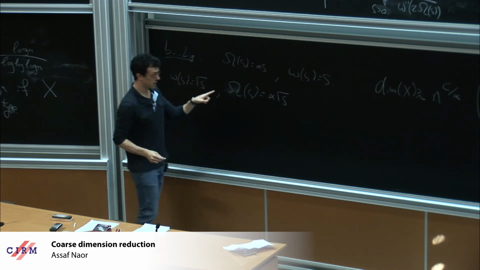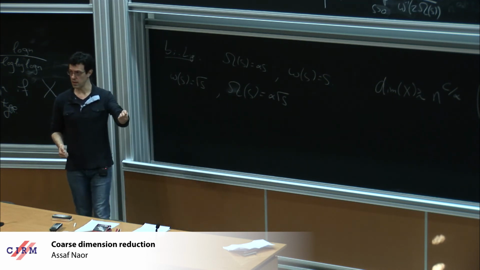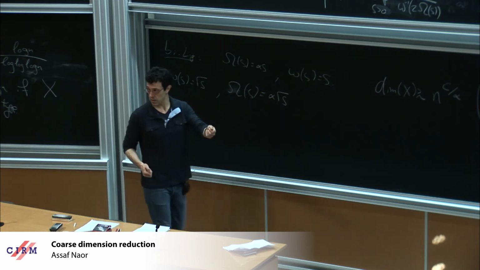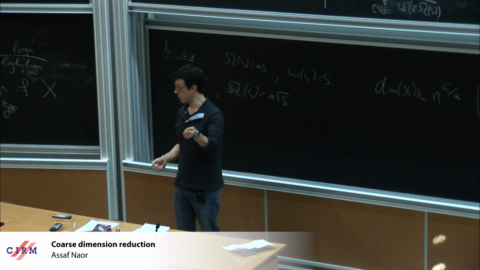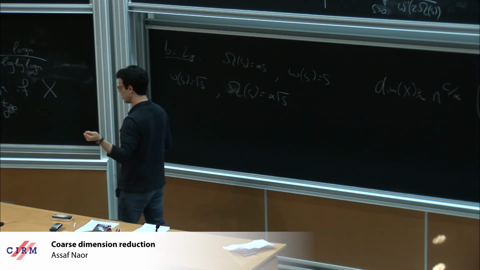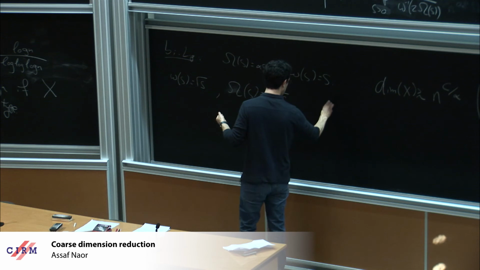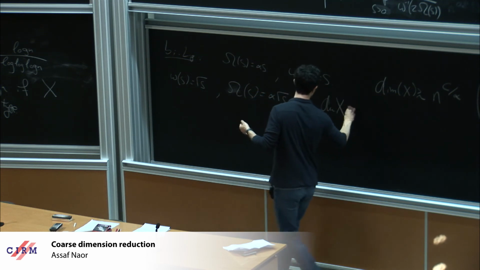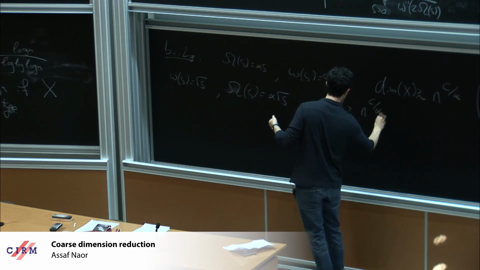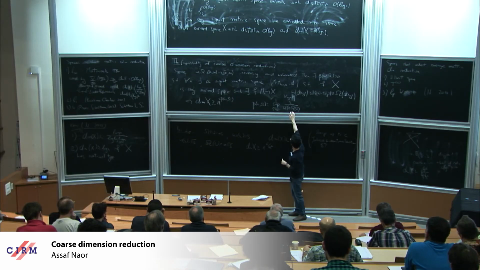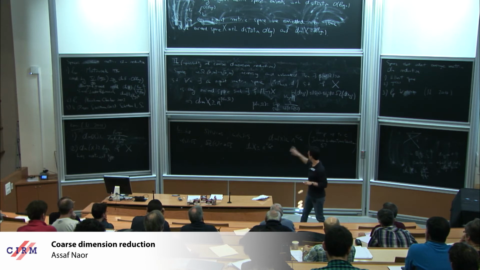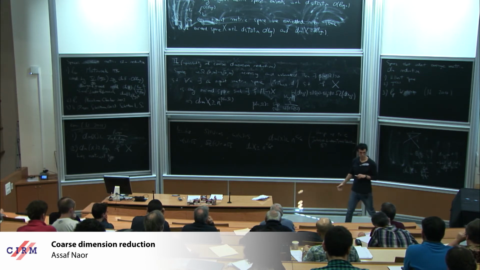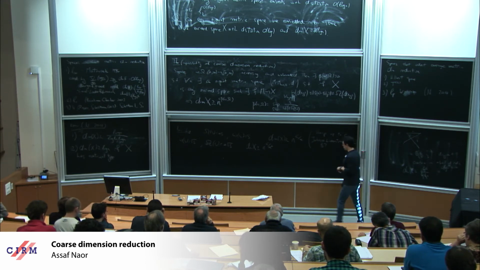So this means you ask what is the smallest k such that any n-point metric space, if you raise the metric to the power a half, embeds with distortion alpha into some k-dimensional normed space. And when you plug this in there, then you get that the dimension of X is at least n over alpha squared. Just plug it in there and you'll see it, because omega inverse is squared. And this is sharp as well.